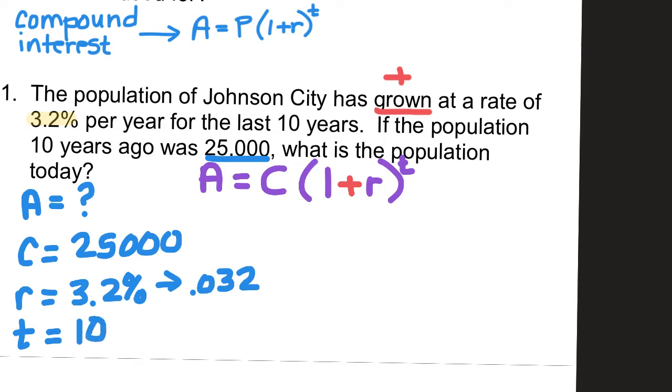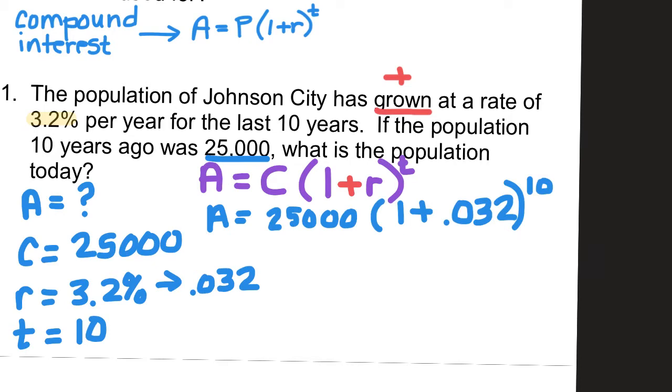Now let's substitute our information. Please pause the video as you do that now. Now you'll substitute the whole equation into your calculator. But when it comes to the answer, we're going to have to be very careful as we round. Round to what makes sense. If it's people, you'll round to the nearest whole number.